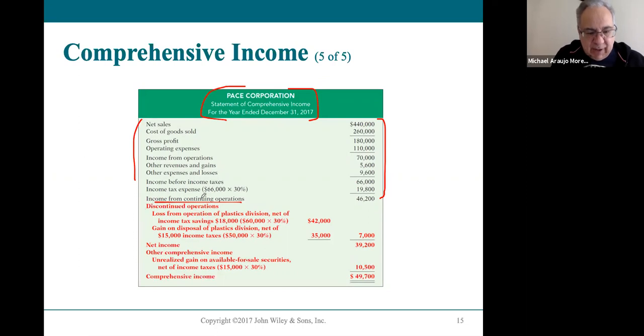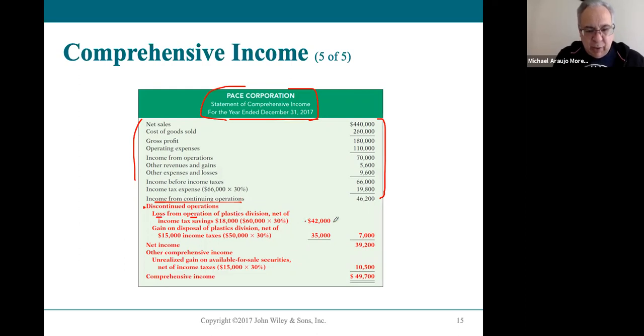After the profit from continuing operations, we have to list any discontinued operations and what its effect was. In this case, for this particular company during this period of time, they recorded a loss from closing its operation of their plastics division.